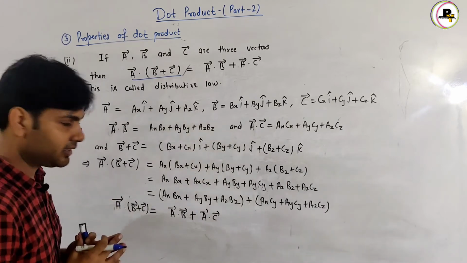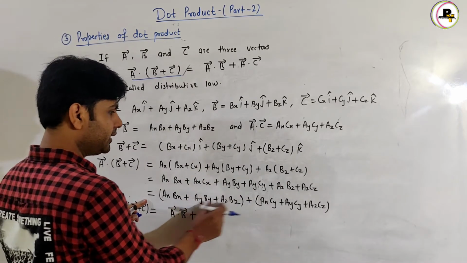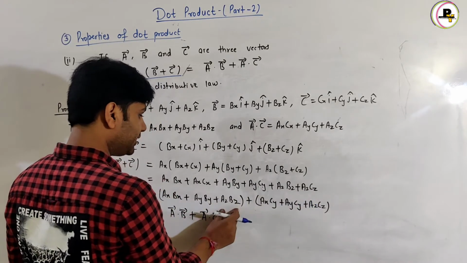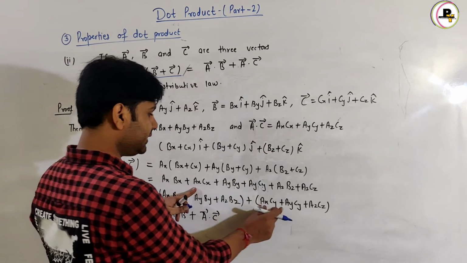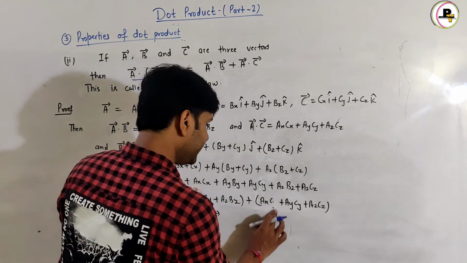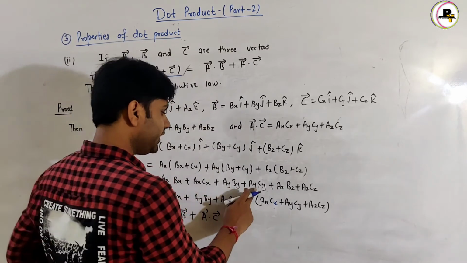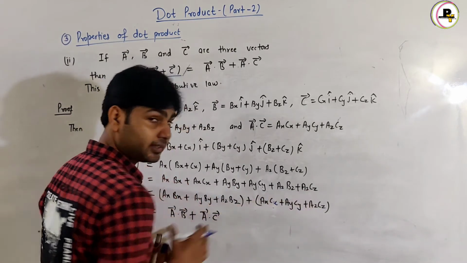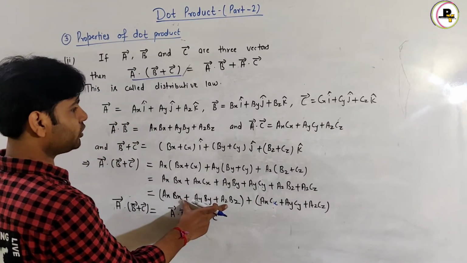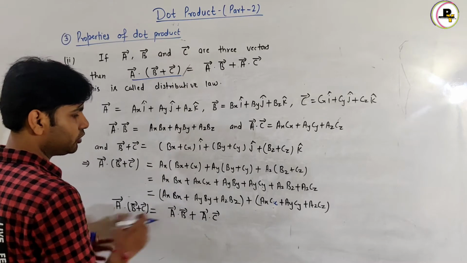And if I rearrange the terms, then I can write here ax bx plus ay by plus az bz plus, in the second bracket, ax cx plus ay cy plus az cz. Now the first bracket is a vector dot b vector, so I can write here a vector dot b vector.